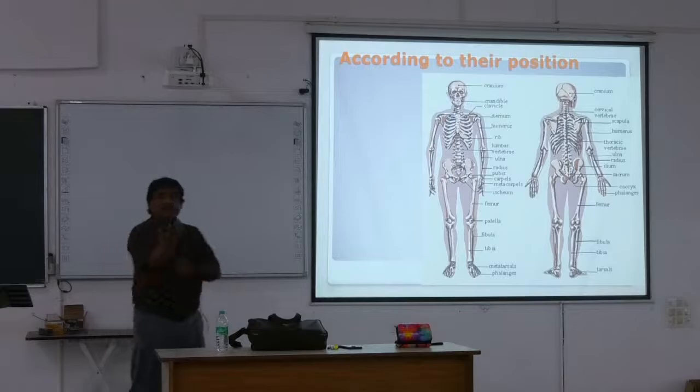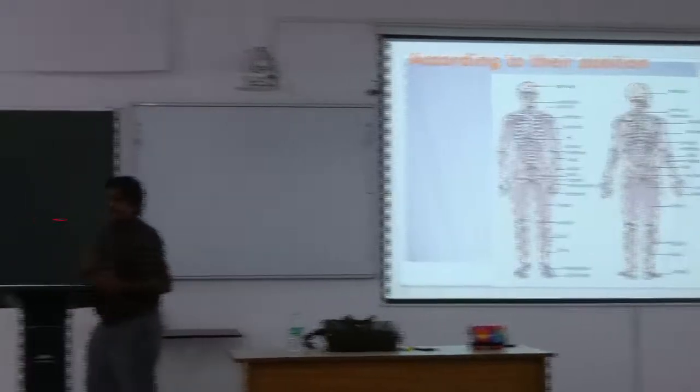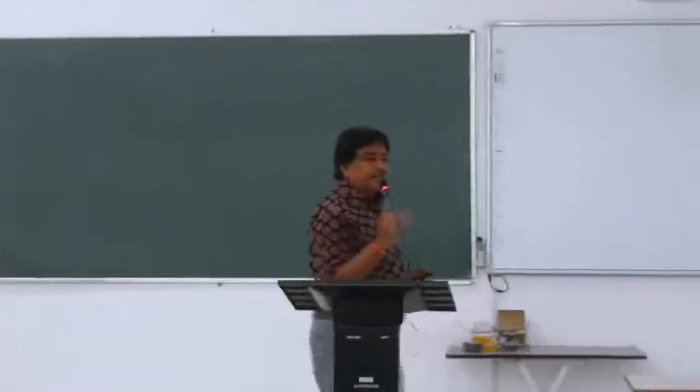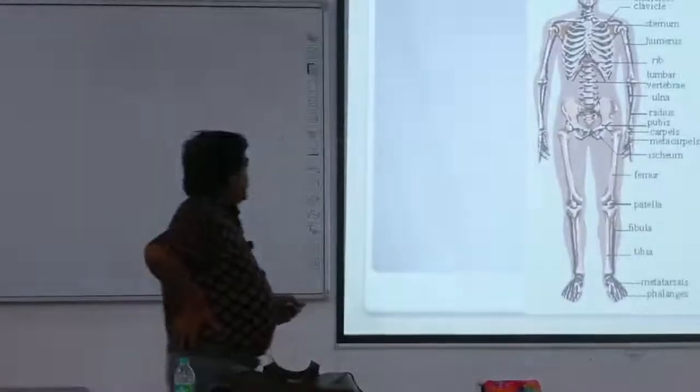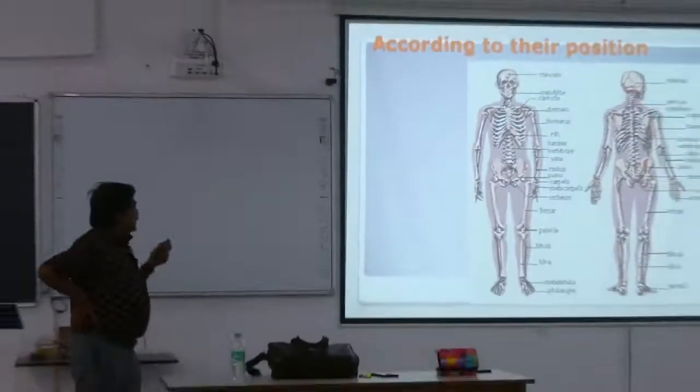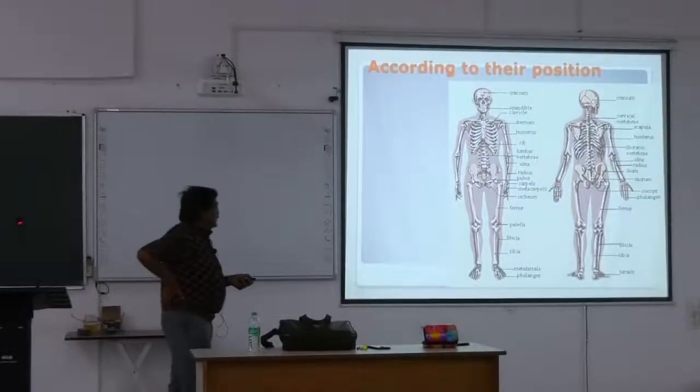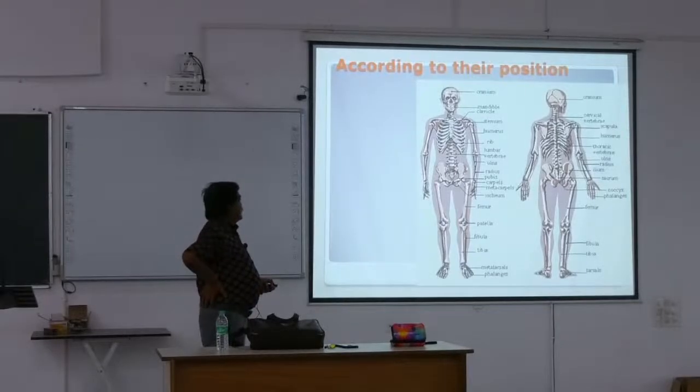You just correlate with your own body or your friend's body. This is the best way to learn. Now femur, patella, fibula, tibia and metatarsal and phalanges.